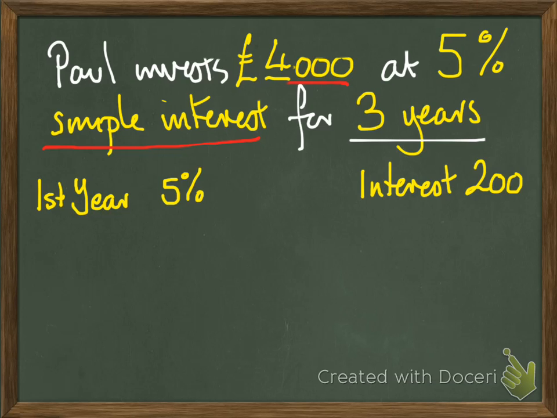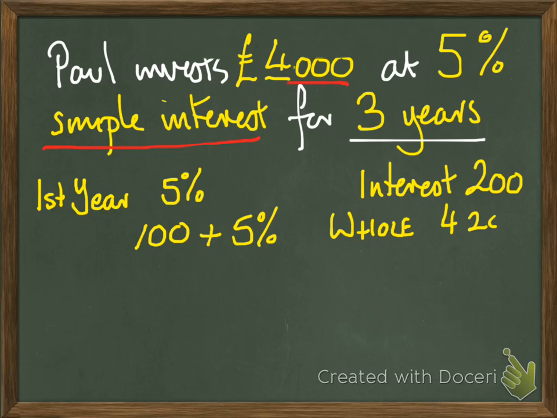Or you could say, I'm going to get all of my original sum of £4,000 back, plus 5% return, which means you're working out the whole amount, and that would be £4,200. That's the calculator way of doing things.